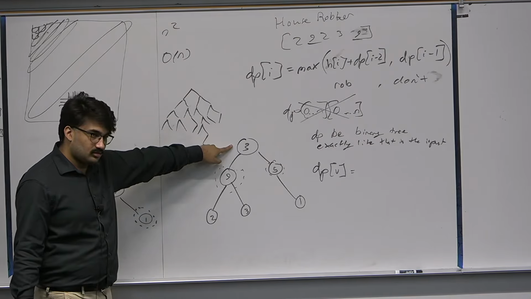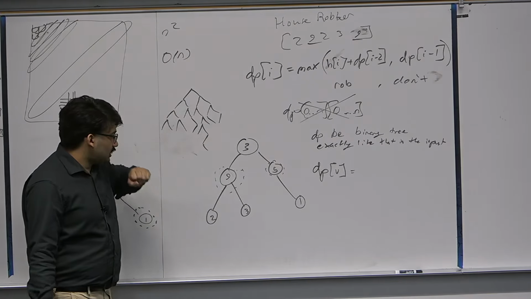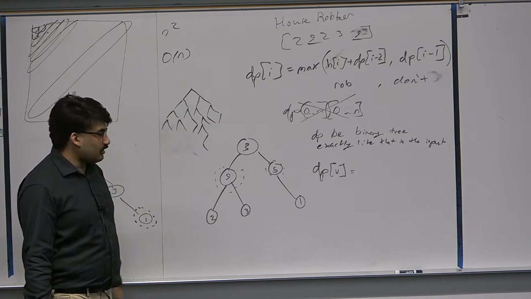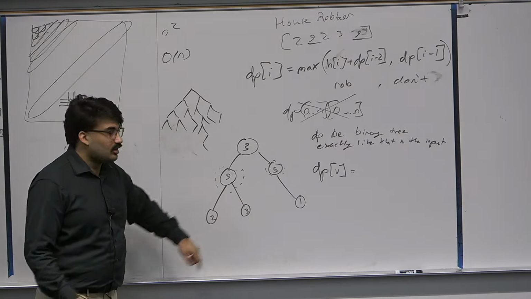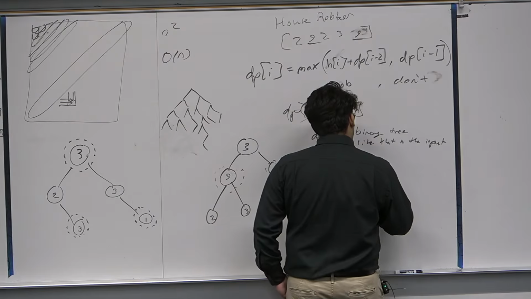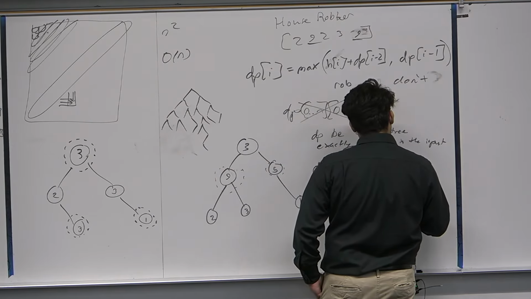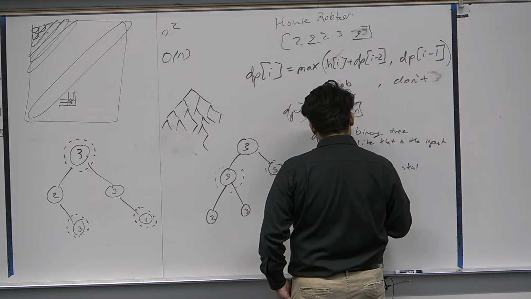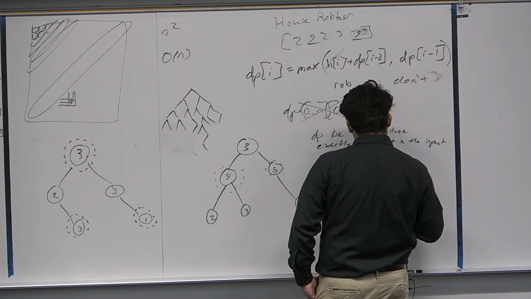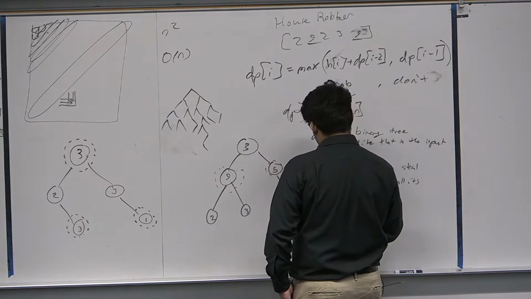This one? 3 and 5, yes. I'll go the other way. 2, 3, 1. 9, 2, 3 is what I'm going to consider. I'm going to say this is the max you can steal, considering V and all its descendants.